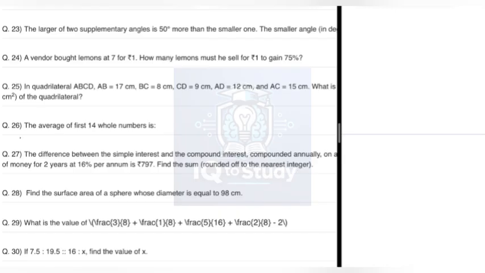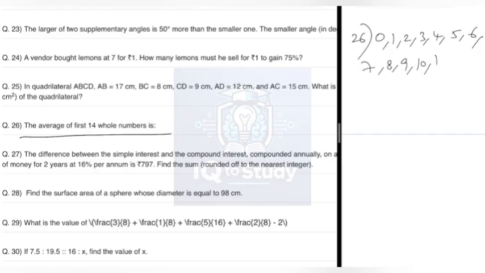The average of the first 14 whole numbers is, the first 14 whole numbers are 0, 1, 2, 3, 4, 5, 6, 7, 8, 9, 10, 11, 12 and 13.